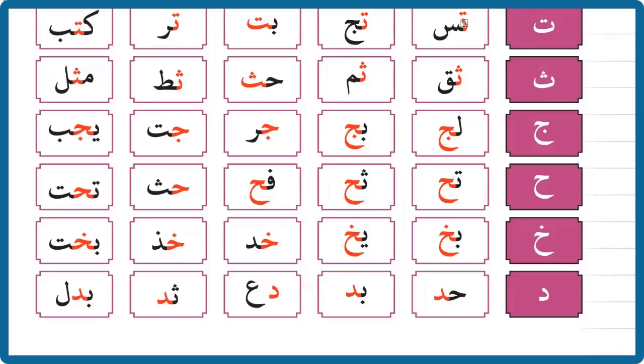Like at the beginning, ta would remain like a half form of boat. Then this is the form, right? And how we will recognize this letter, it would have two dots on top of it, right? And at the end, it would remain an isolated form almost. And this is again the initial form, and this is the medial form. Whenever ta comes between two letters, then it will change its shape like this.